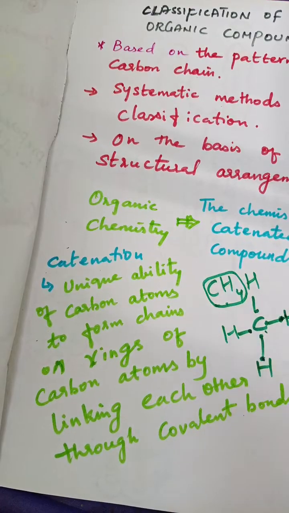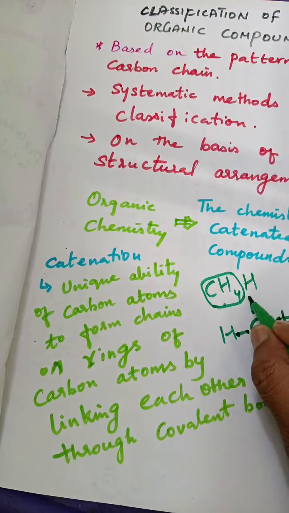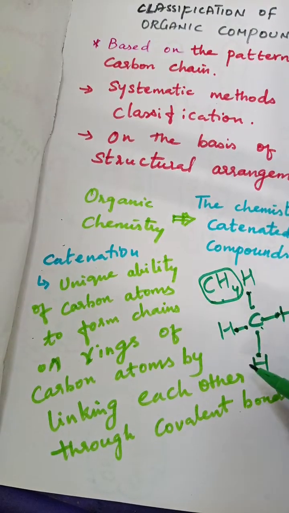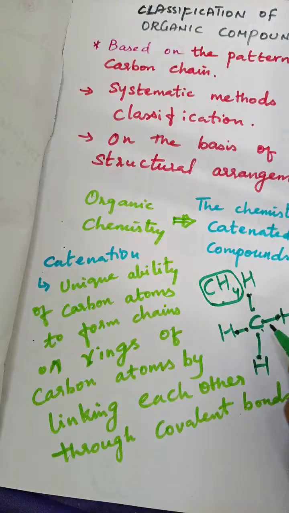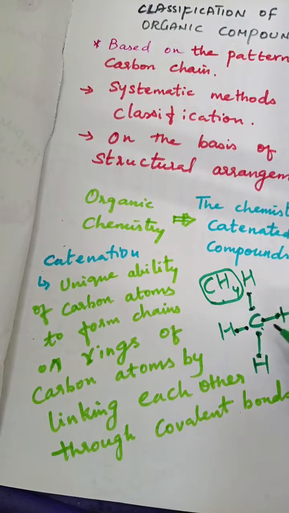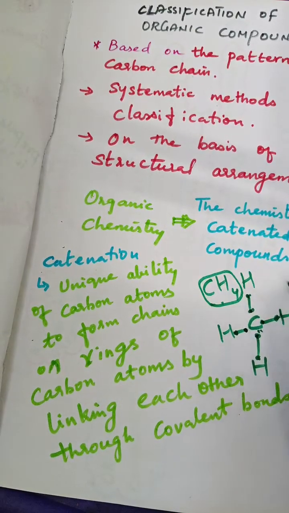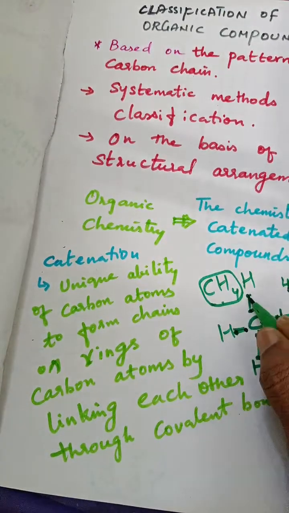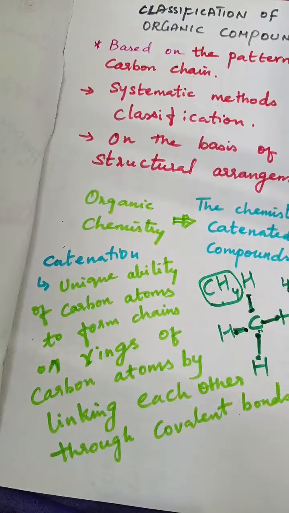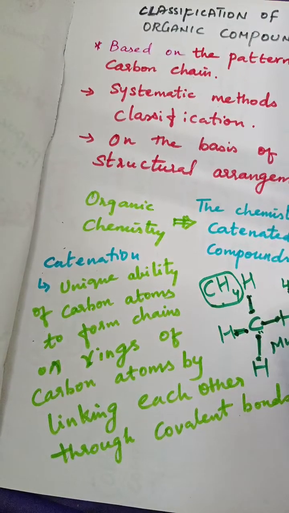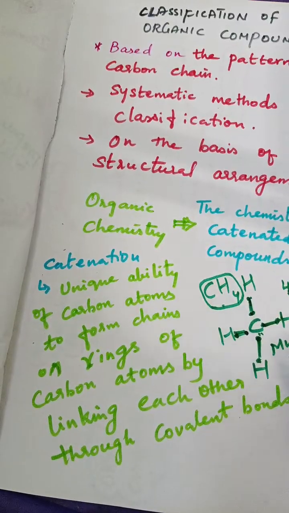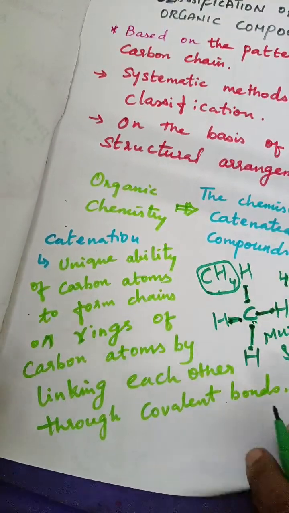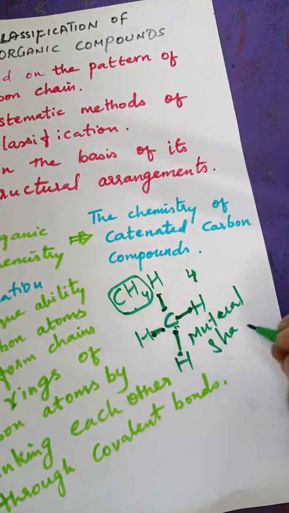So all four hydrogen atoms bond with the carbon through the electrons present in the valence shell of the carbon. The valence shell of carbon has 4 electrons, and these 4 electrons pair with each hydrogen atom. So you will have 4 covalent bonds. This is known as covalency, mutual sharing of electrons.